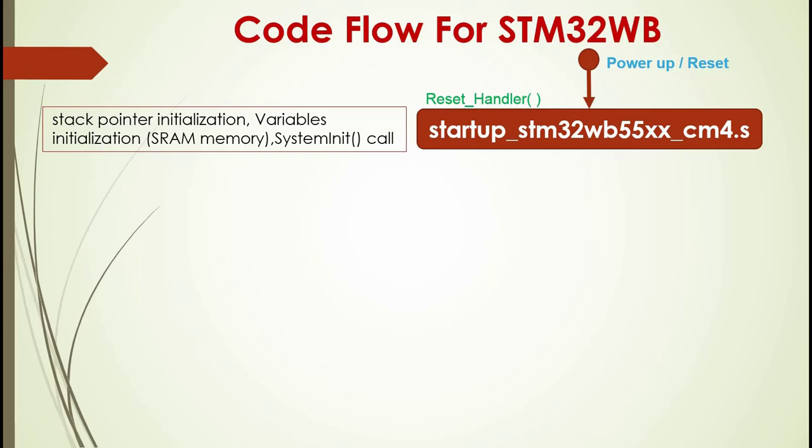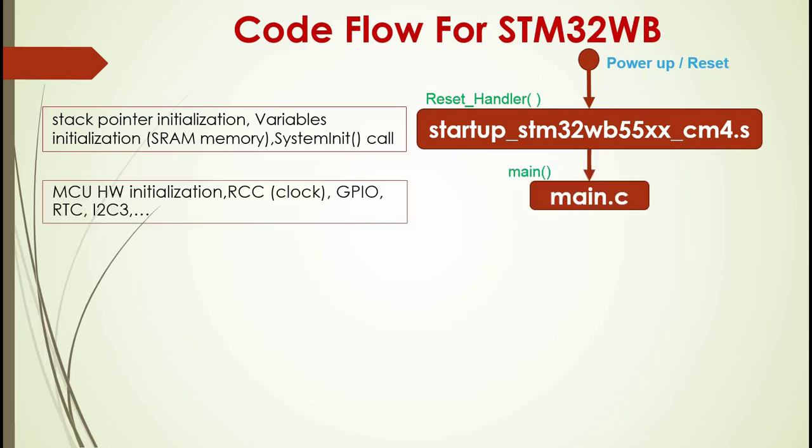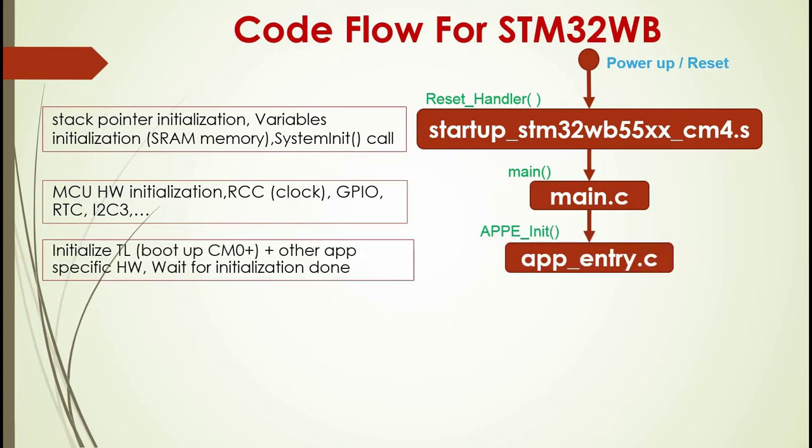In this, it will do stack pointer initialization, some variable initialization for SRAM, and it will also call the system init function. After this it will go to main, where it will do RCC clock initialization, RTC initialization, and other peripheral initialization, whatever you want to do. Then it will go to the app_entry.c file, where it executes the app init function.